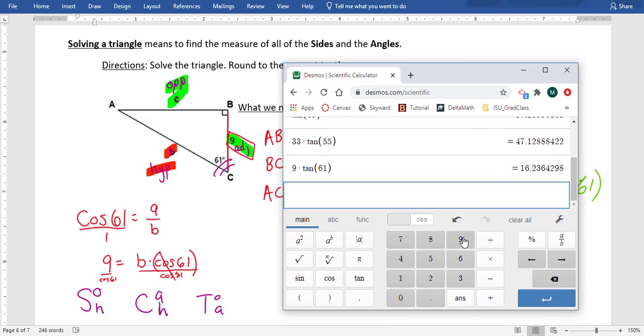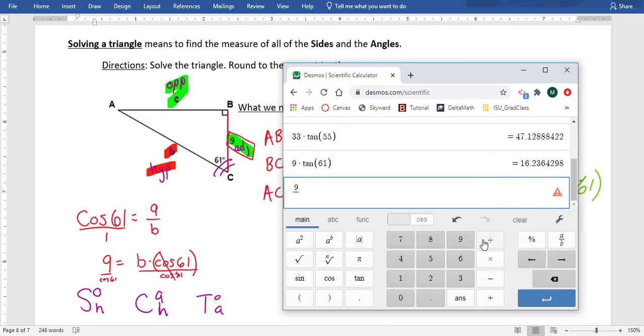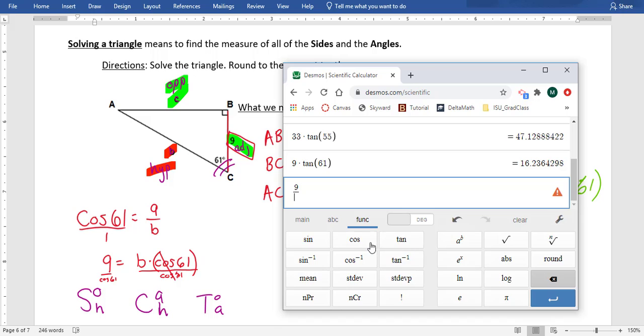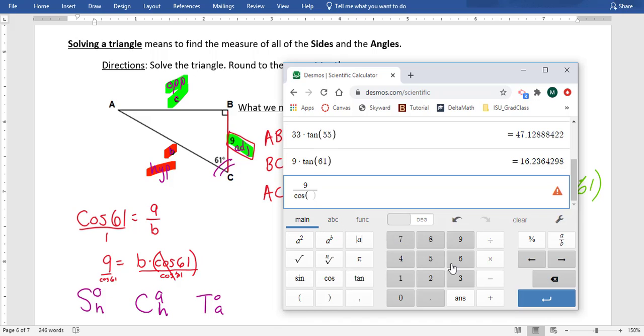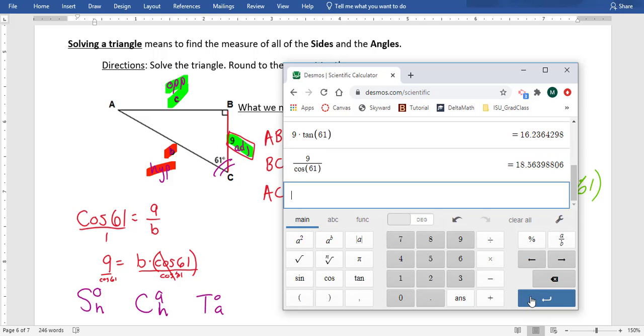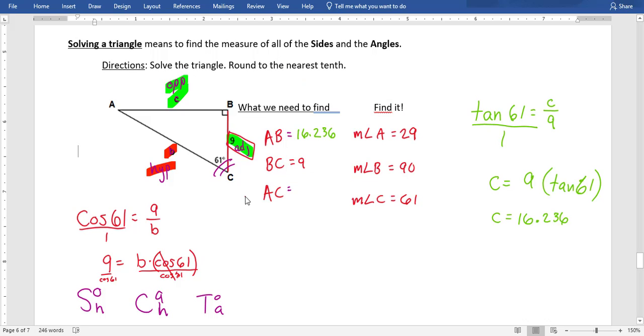I'm going to type in 9 divided by cosine of 61. And I end up getting 18.56. So that B value is 18.56.